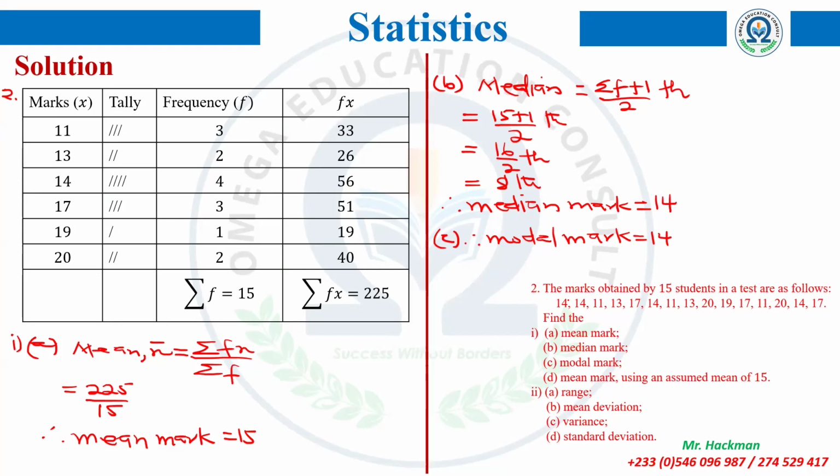So you cross 14, you tally 14, 1. You cross 14 again, you come and tally again. You know how to tally, so I won't waste time on that. Please, if possible, tally in pencil because something can go wrong, so that you can easily erase. Am I clear?